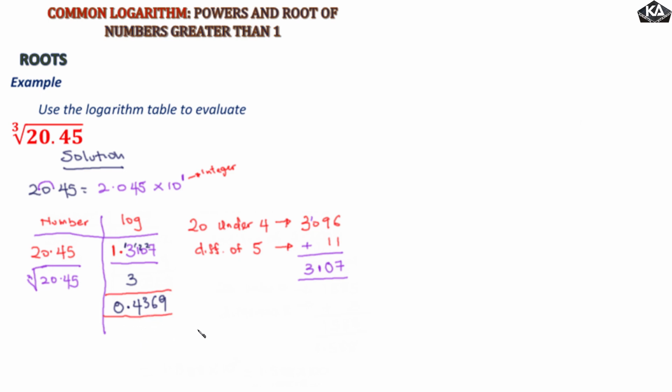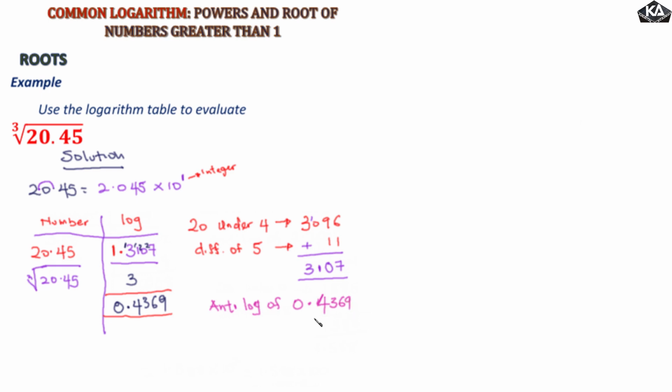Now after you've gotten your answer for that value, our answer is 0.4369. Then we will look for the antilog of 0.4369.